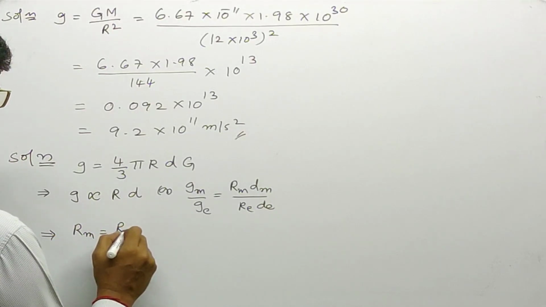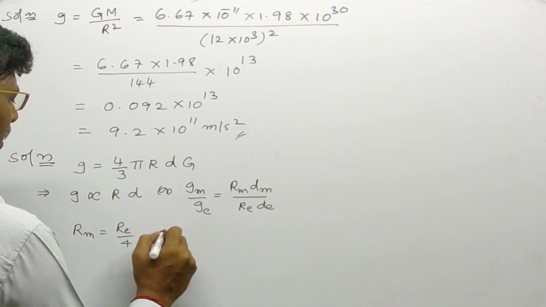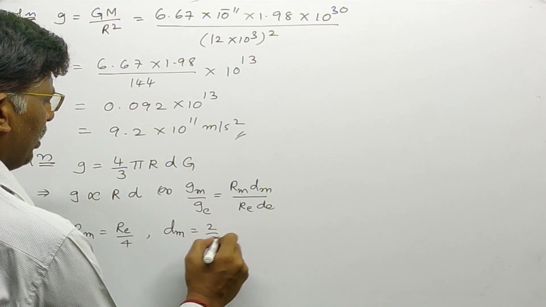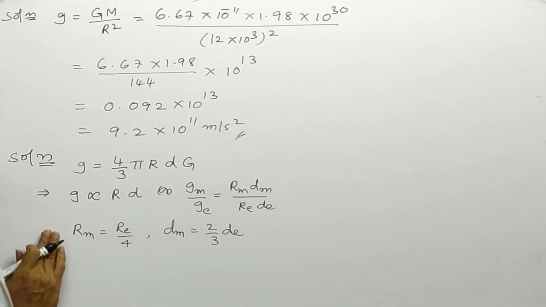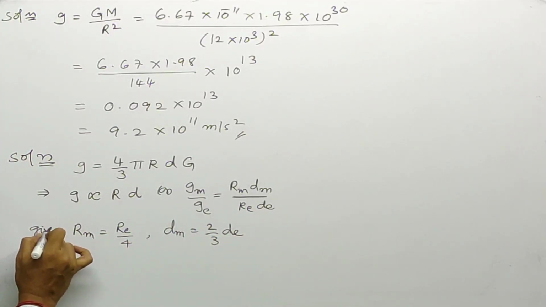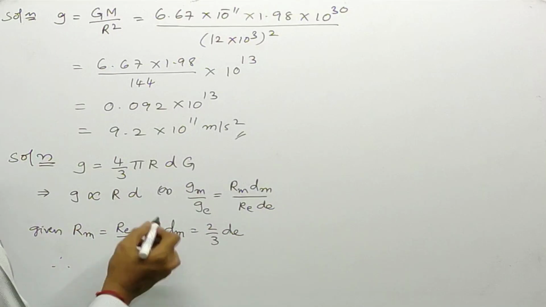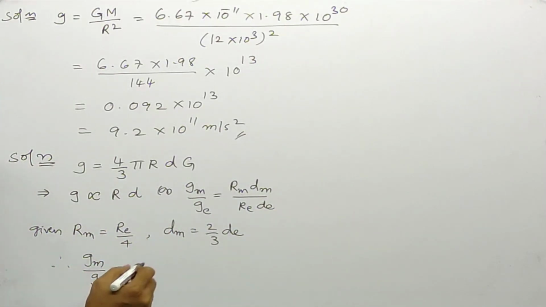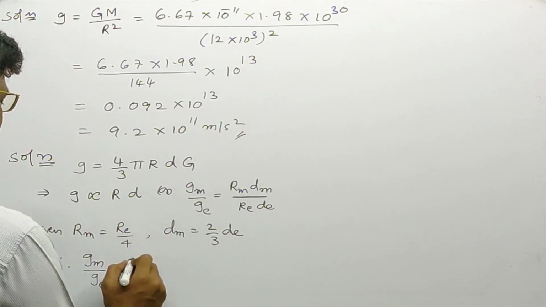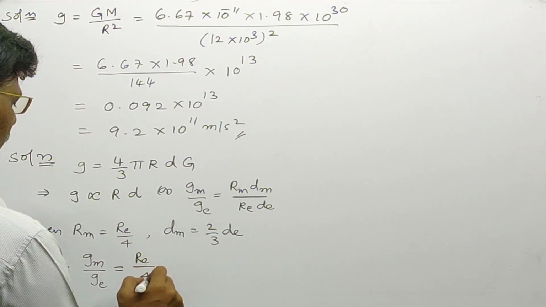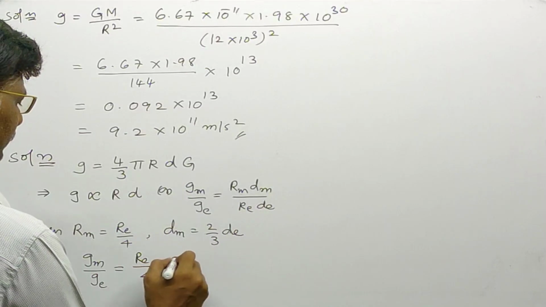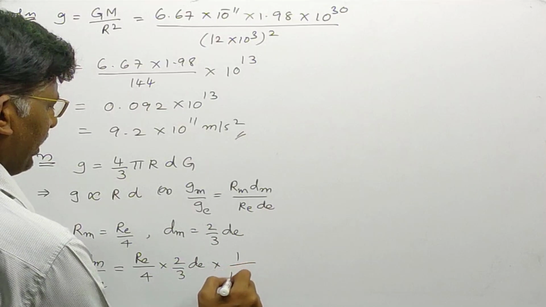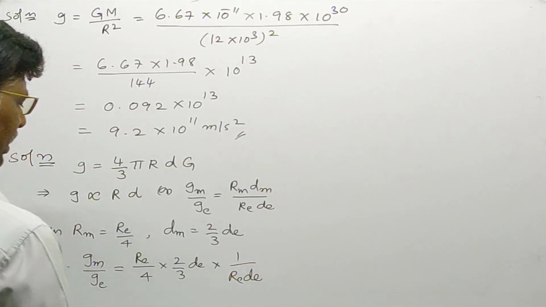So as per the question, RM is given as RE by 4 and DM is given as 2/3 of DE. These are given in the question. Therefore, gM divided by gE is equal to RE by 4 into 2 by 3 DE, into 1 divided by RE DE in the denominator as it is.